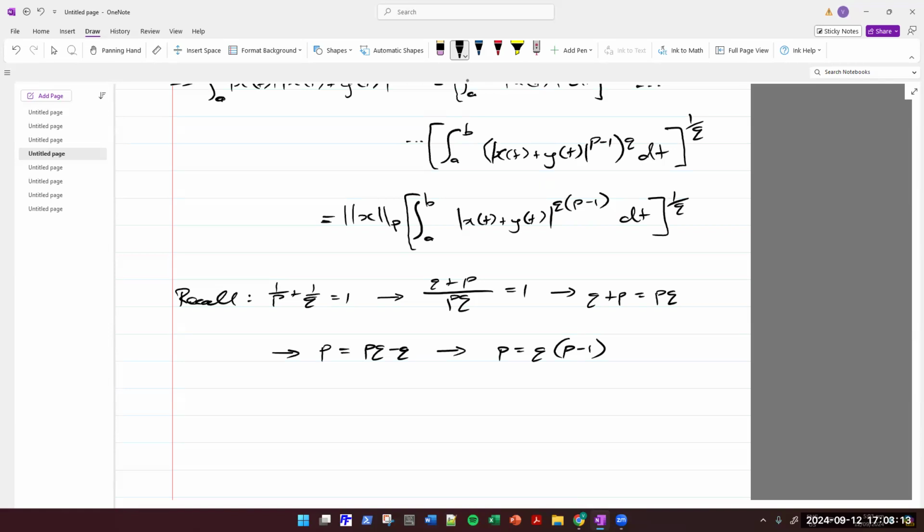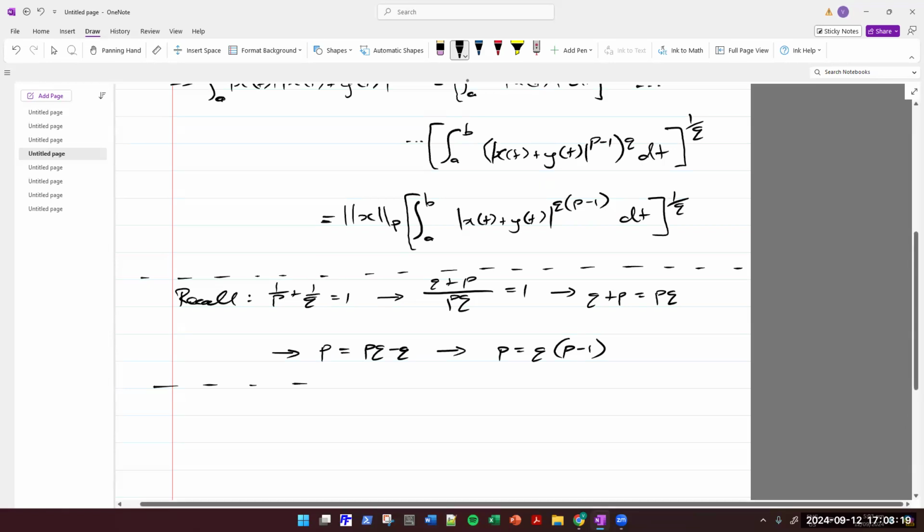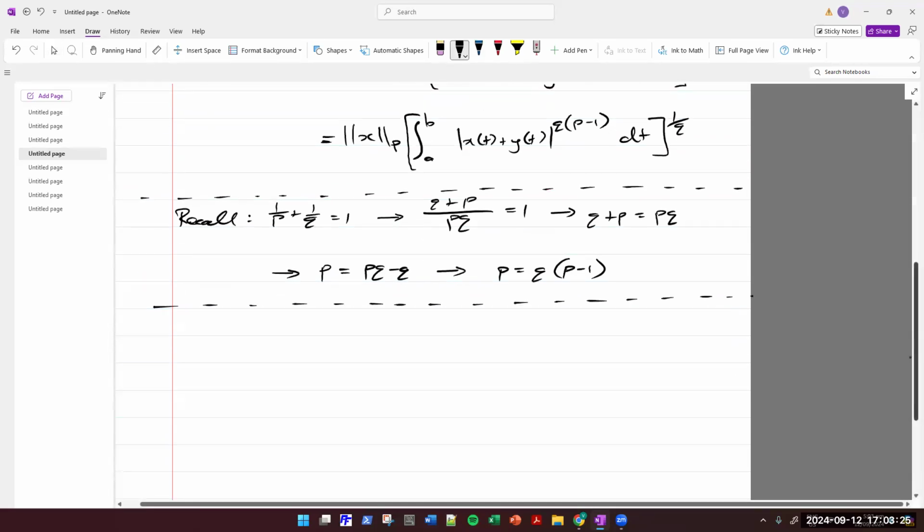So that thing is equal to the norm of x in p, times the integral from a to b of x of t plus y of t, to the power p, dt, to the 1 over q.